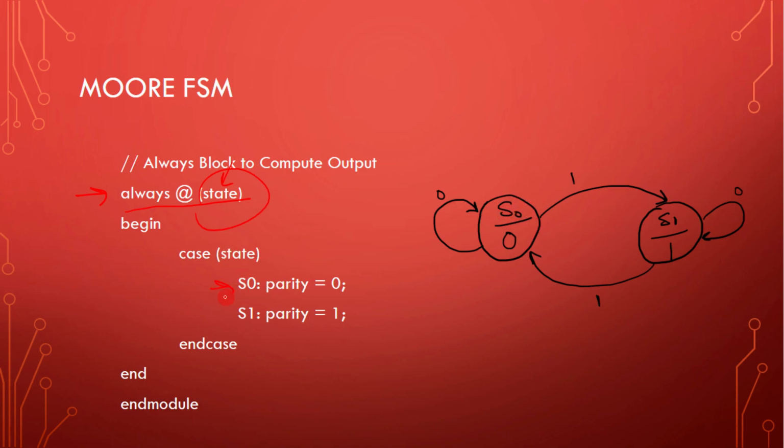This statement will be true and your output is 0. Similarly if your present state is S1, your output is 1, as is clear from this state transition graph. So this is the end of the Moore type finite state machine implementation of the parity checker in Verilog. So this is the end of your module.